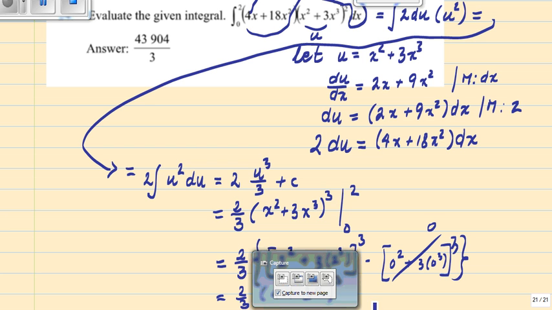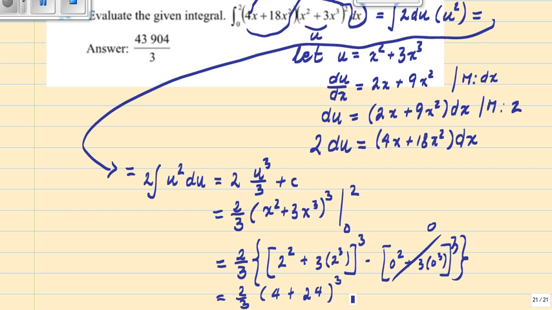And you can use your calculator to verify this answer. So 28 cubed times 2 divided by 3, it's supposed to be equal to 43,904 divided by 3.